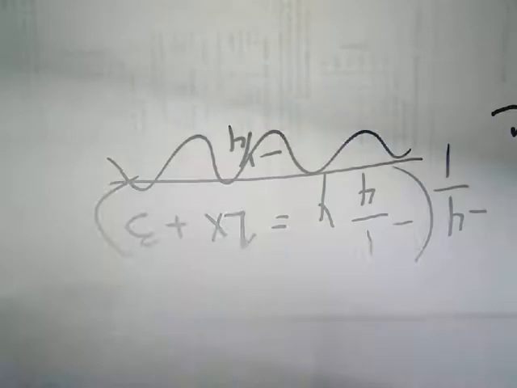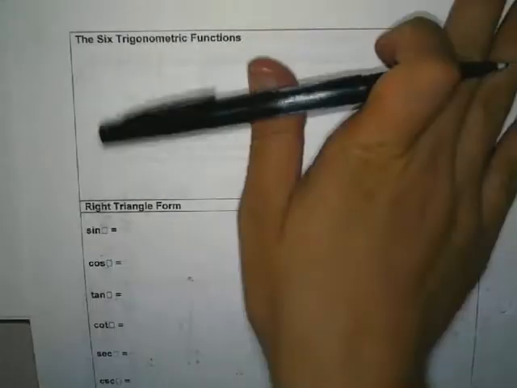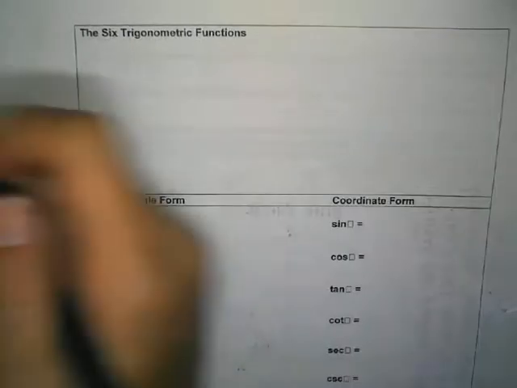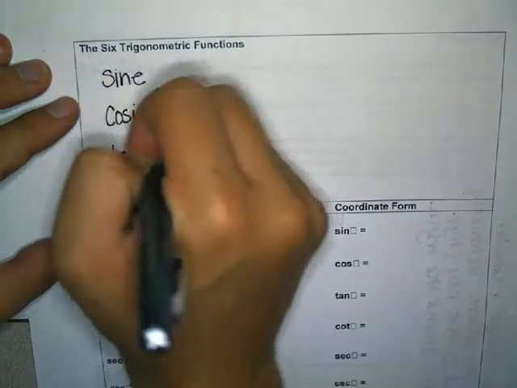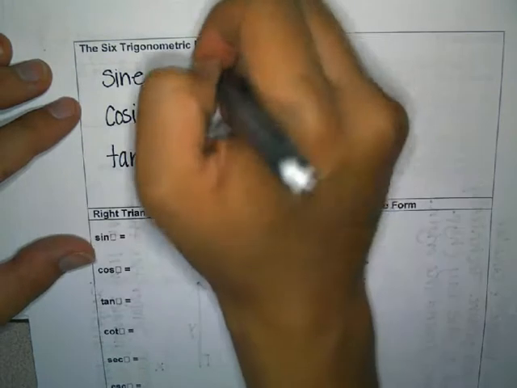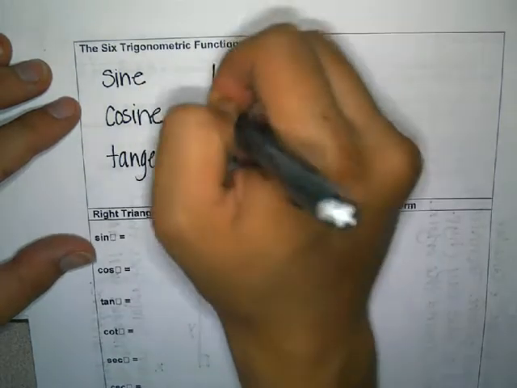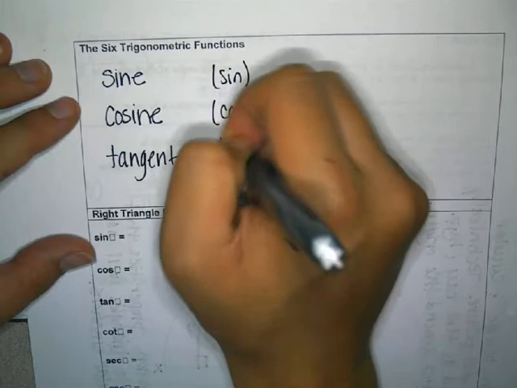Okay. Go ahead and flip. We'll probably flip that beginning page again at some point. The 6 trig functions. You have sine, cosine, tangent. Their abbreviations are sin, cos, tan.